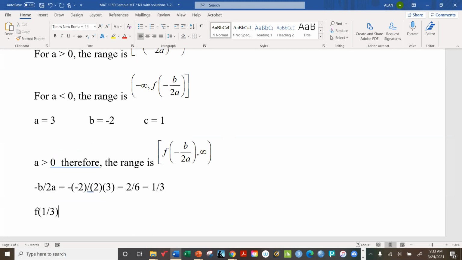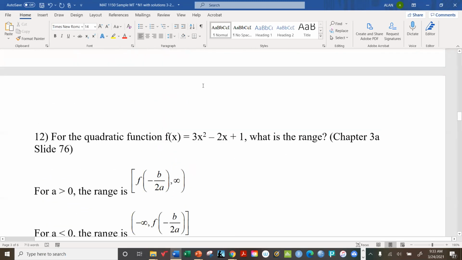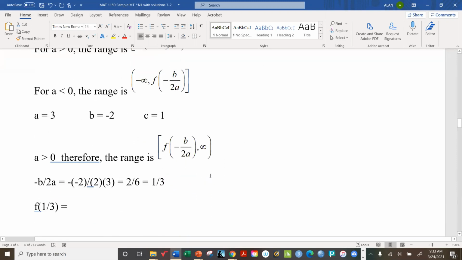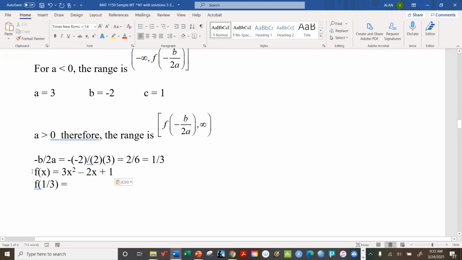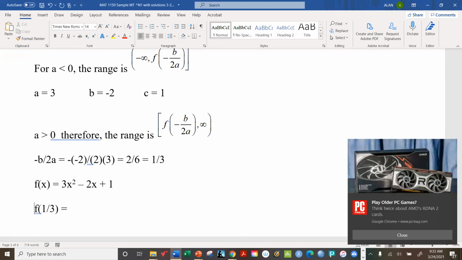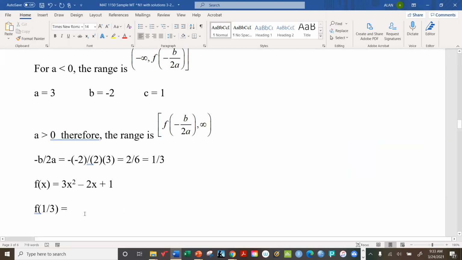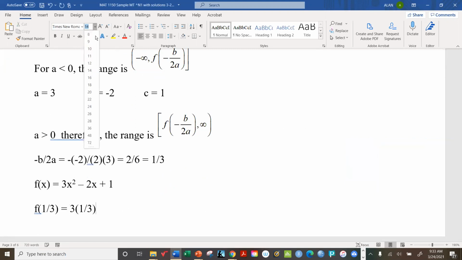F of 1/3 equals, all right, here we go. All right, so let's plug those numbers in and see what we get. 3 times a third squared minus 2 times a third plus 1. 3 times a ninth minus 2/3 plus 1.